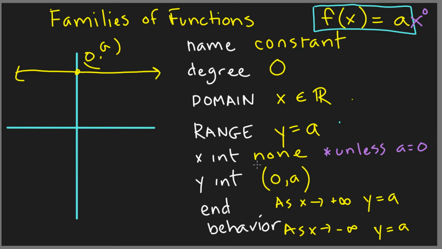And the end behavior, check out the notation. As x approaches positive infinity, y is going to be equal to a. As x approaches negative infinity, y is equal to a. No matter how far we go out on the x-axis, what's going to be returned is y is equal to a.